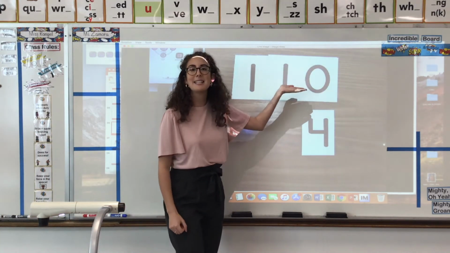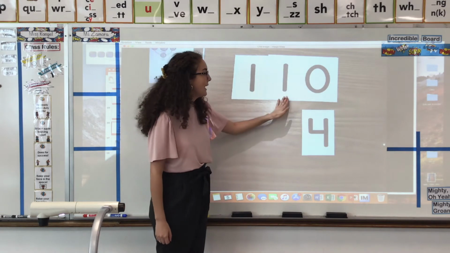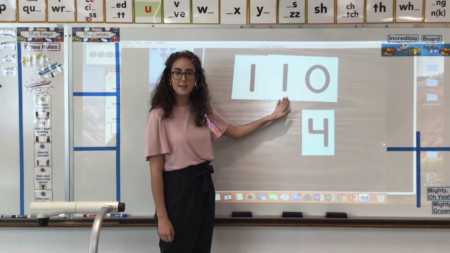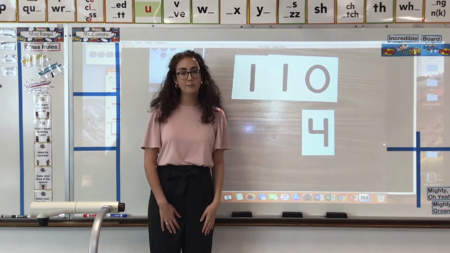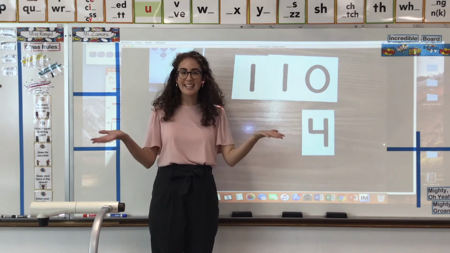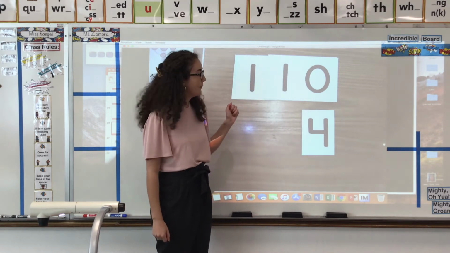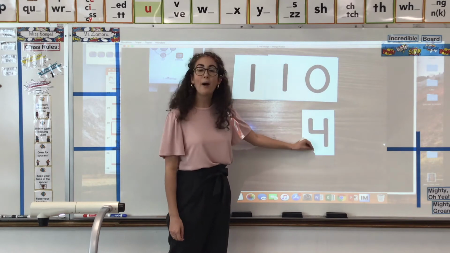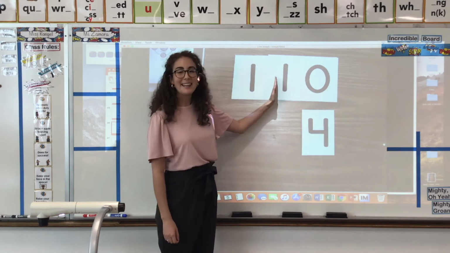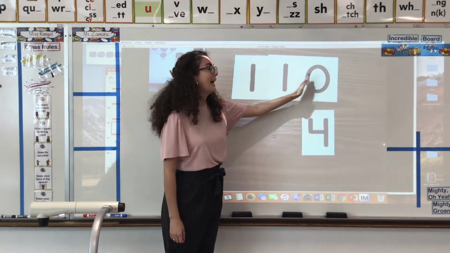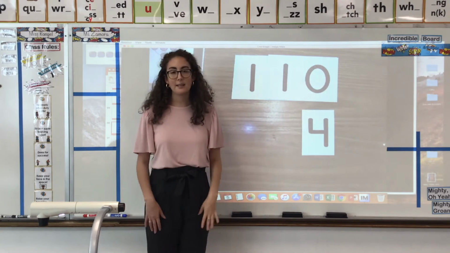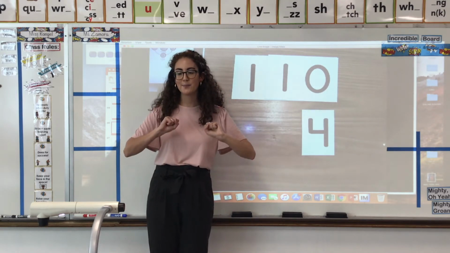Its value is 10 because it's in the tens place. There's 1 ten, and that's 10. As we can see up here, when I pulled out the 4, we could see that this digit represented 10 because it was in the tens place.